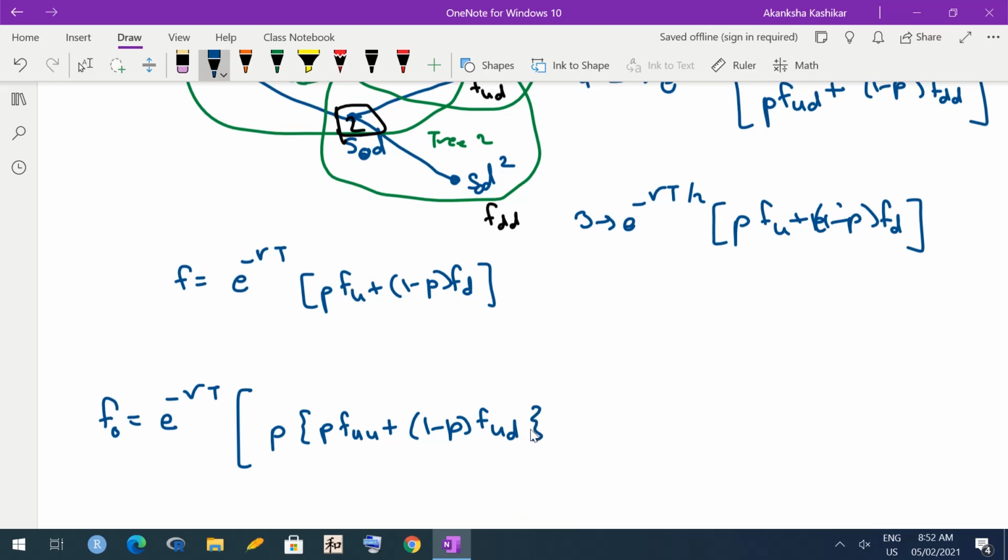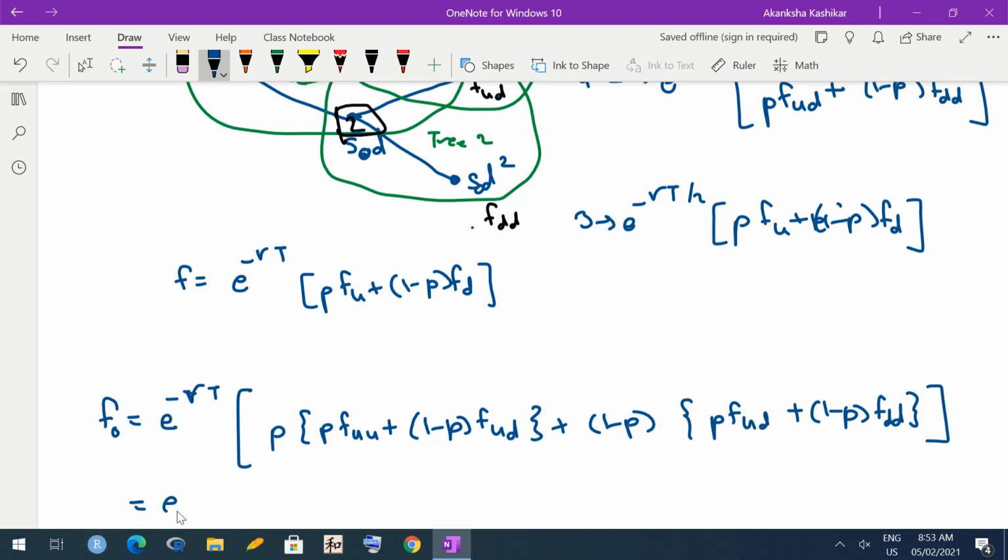Okay, e raised to minus RT by 2 has already been taken outside, plus 1 minus P times FD. So FD is actually PFUD plus 1 minus PFDD. Okay, so this value at this time point is coming from these two.